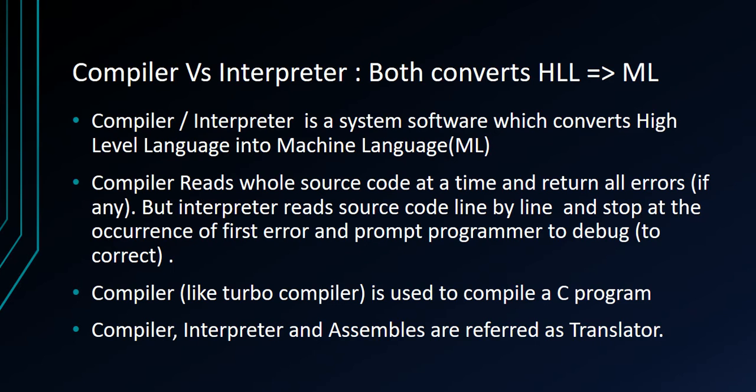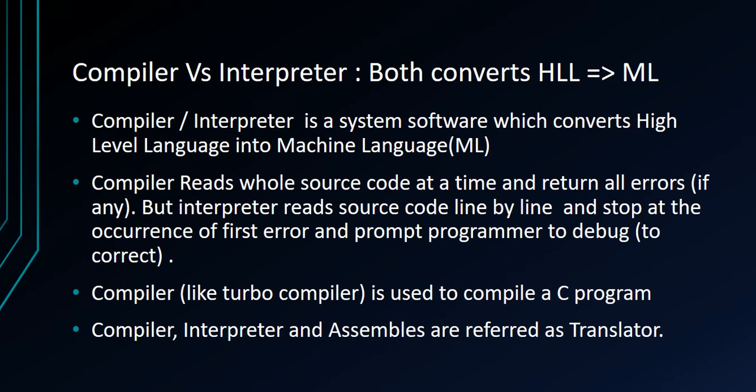the errors. It means suppose you have written a program of 10 lines, and suppose there was a programming mistake in lines 2, 4 and 6. So the compiler reads the whole source code from 1 to 10, and after reading it, it will throw the errors which were in line number 2, line number 4 and line number 6.